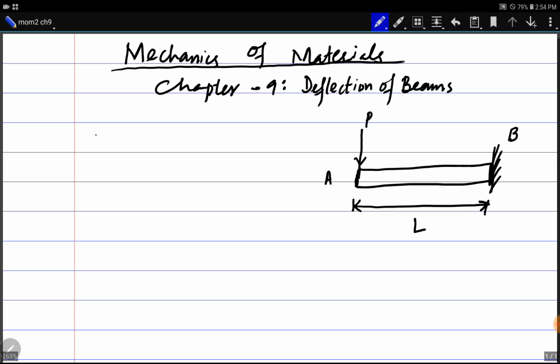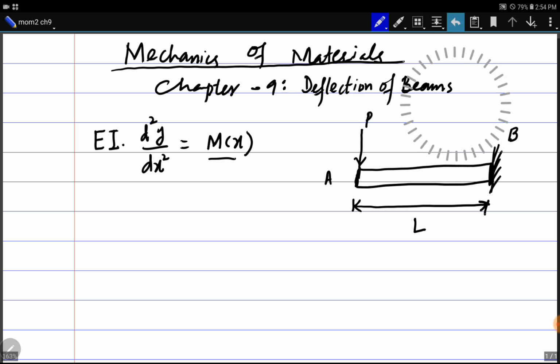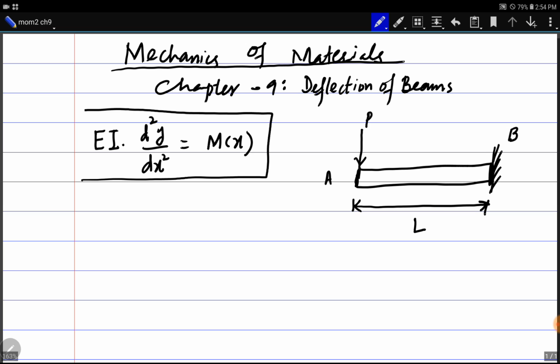Actually, we have this expression EI d square y by dx square equal to moment. If we find moment as a function of x and we integrate it twice, we can find y from this expression, theta and y. So first we need to determine the expression for moment.